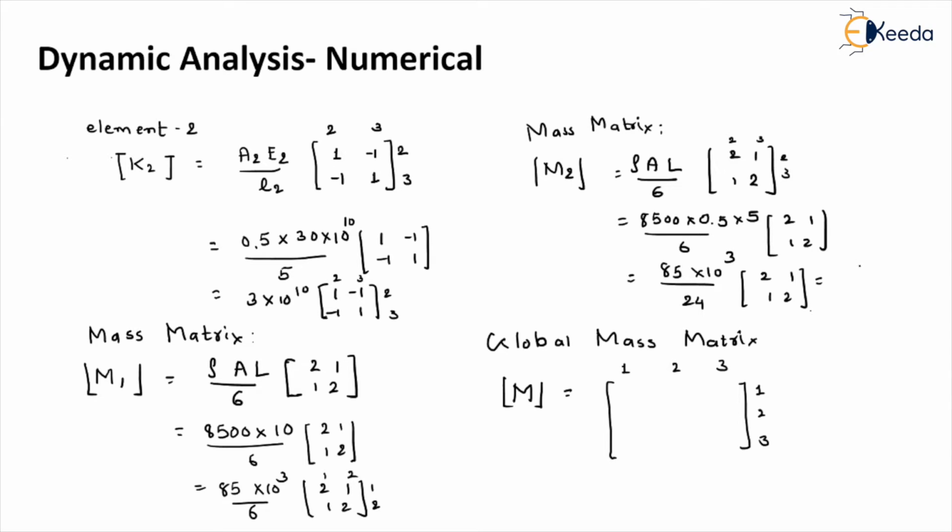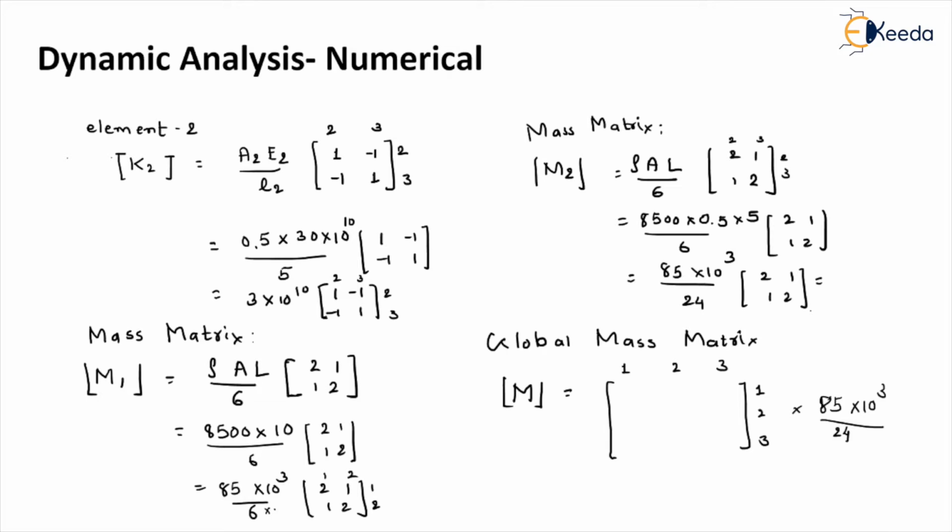So let's consider the common factor first. Here, 85 into 10 raised to 3 divided by 24. So if we need 24 here, we need to multiply and divide by 4.